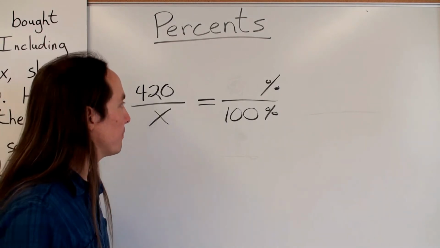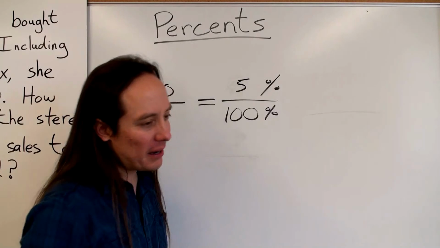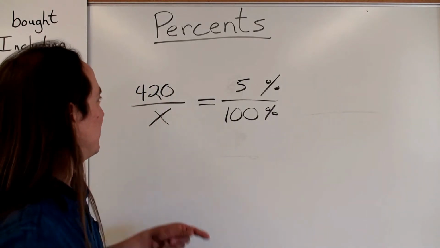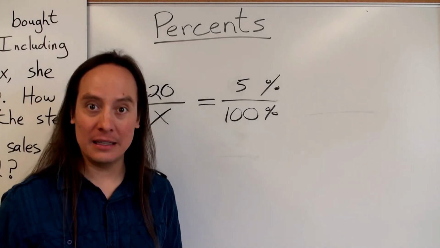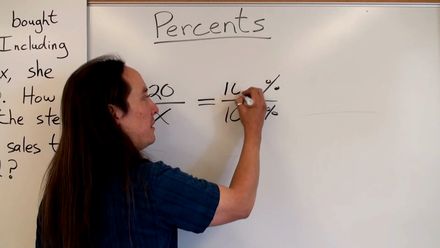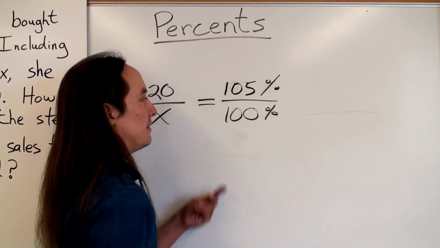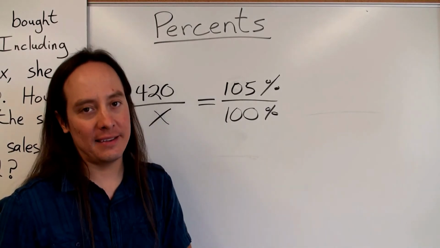That's the whole. Okay, so we know that the sales tax was 5%, but obviously the $420 is not going to be 5%. Otherwise, it'd be a really expensive stereo. So in fact, it's going to be 105. It's the total cost of the stereo plus the 5% sales tax.